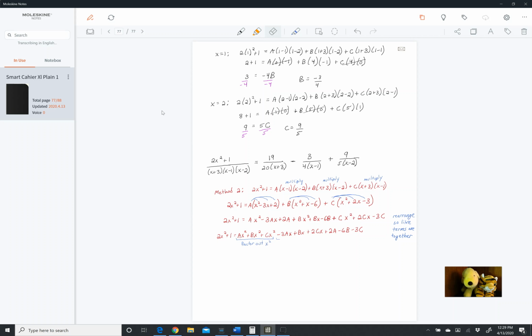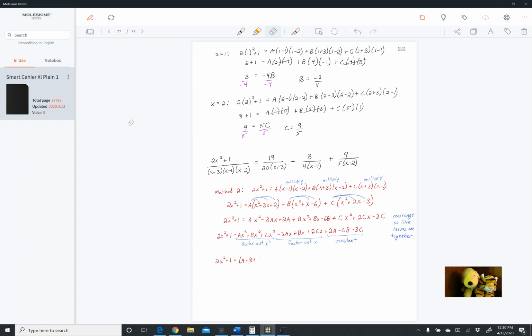Then we're going to group these together and factor out x. These have no power of x, so these are just our constants. So what we have here is 2x squared plus 1 is equal to, we're going to put the x squared back, a plus b plus c times x squared.